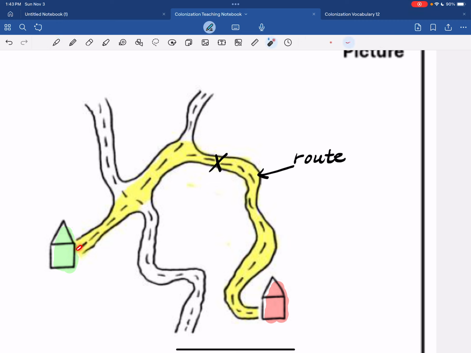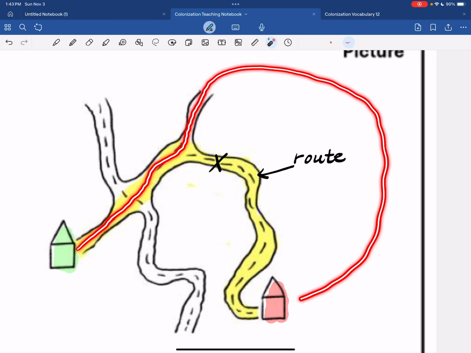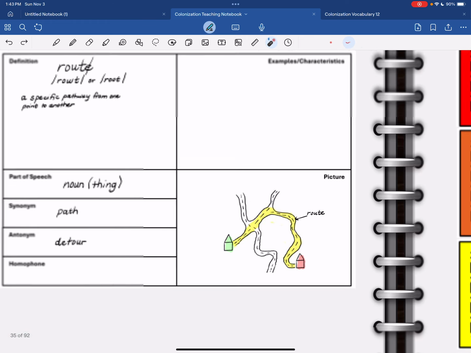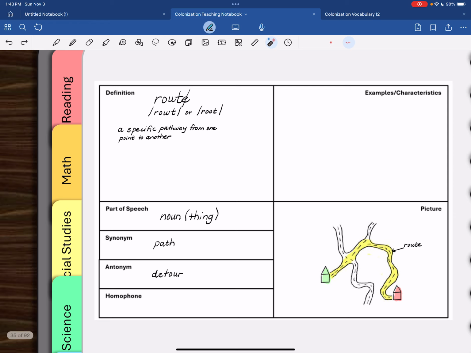A detour would mean that I would have to go a different way. Maybe I could come in this way if there's a road there. Or perhaps I could come in this way if there is a road there. But a detour is the opposite of what I want to do. So a route is the direct pathway. A detour is a different way.